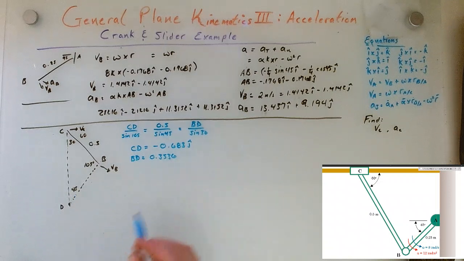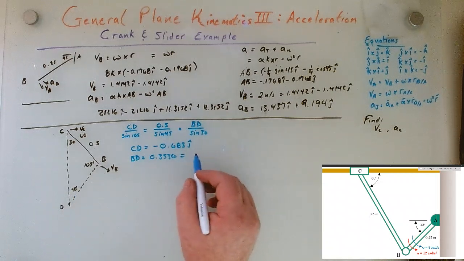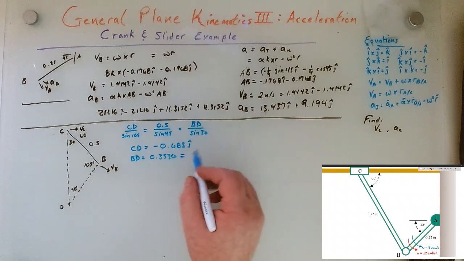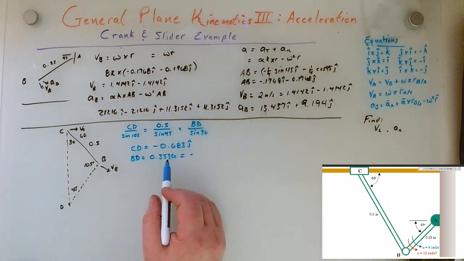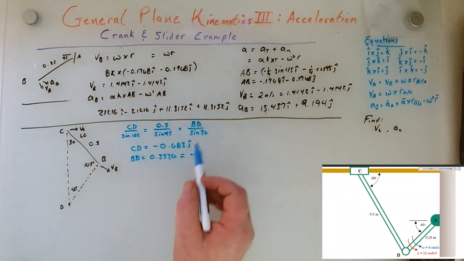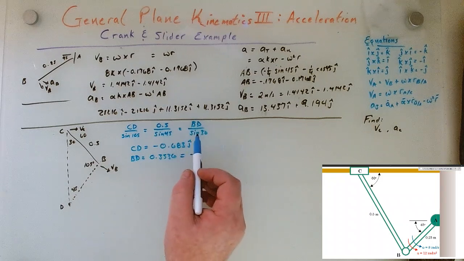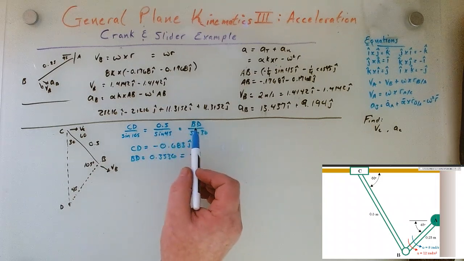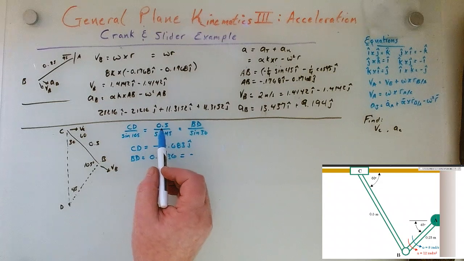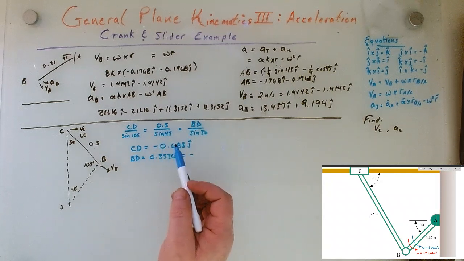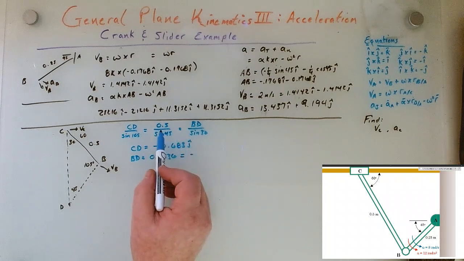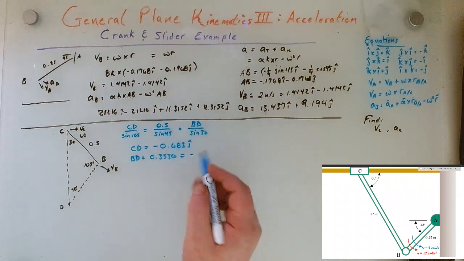If we wanted that in components, which I can't remember if we need or not, it's going to be minus this times the sine of 45. But check it out: BD was 0.5 times the sine of 30 divided by sine of 45, so if we multiply by the sine of 45, it's just 0.5 times 0.5, which is 0.25.